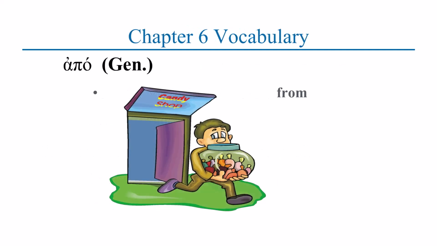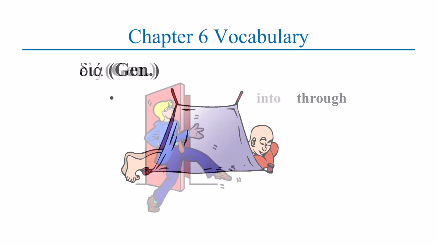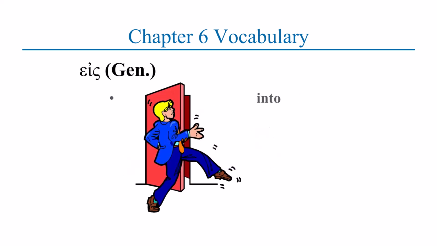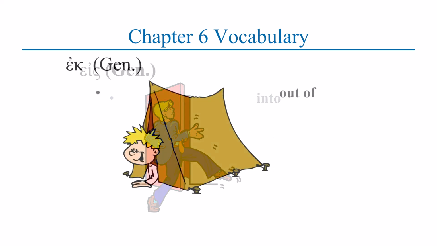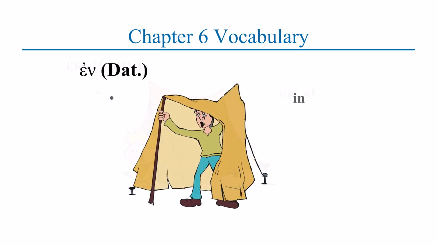As we wrap up, let's look at some of the words in chapter 6. The first one is apo, a preposition meaning from. The other one is dia, meaning through, as if you're cutting through something. The next preposition is eis, meaning into. Next is ek, meaning out of. Next is en, meaning in.